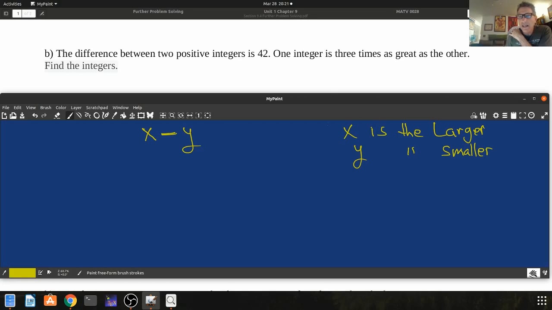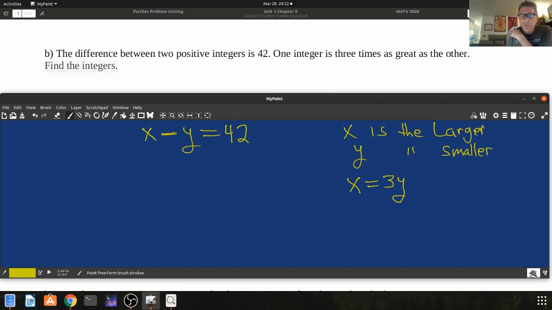So x has to be the larger, because when I subtract y from it, I get a positive number. So one integer is 3 times as great as the other. So that means x is equal to 3y. Now how do I get that? Because x is our larger integer, and that integer is 3 times as great as the other.